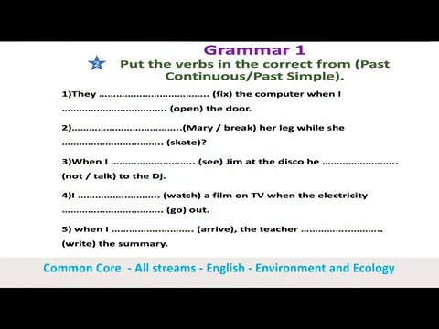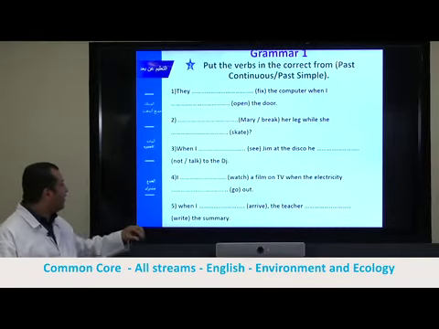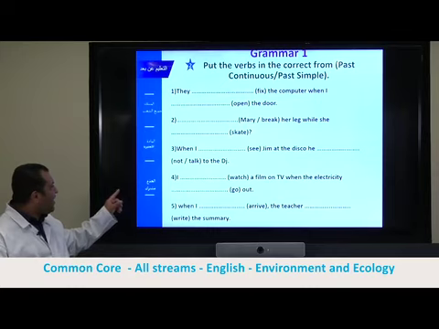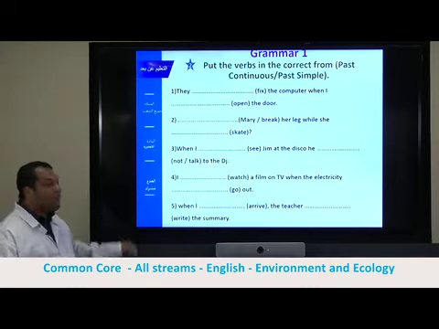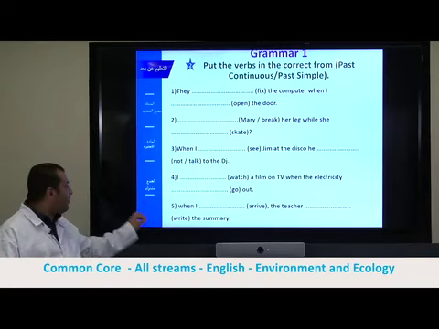Number 1, they blank fix the computer when I blank open the door. 2, Mary blank break her leg while she blank skate. 3, when I blank see Jim at the disco, he blank talk to the DJ. Number 4, blank watch a film on TV when the electricity blank go out. Number 5, when I blank arrive, the teacher blank write the summary.